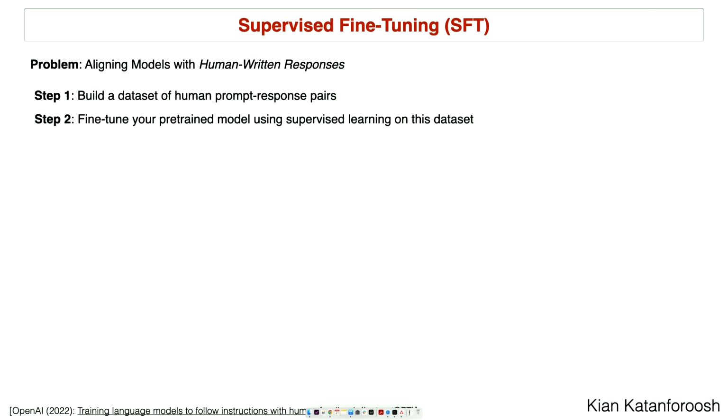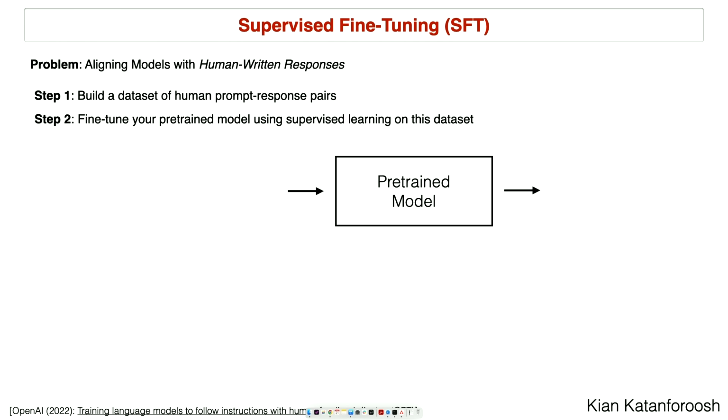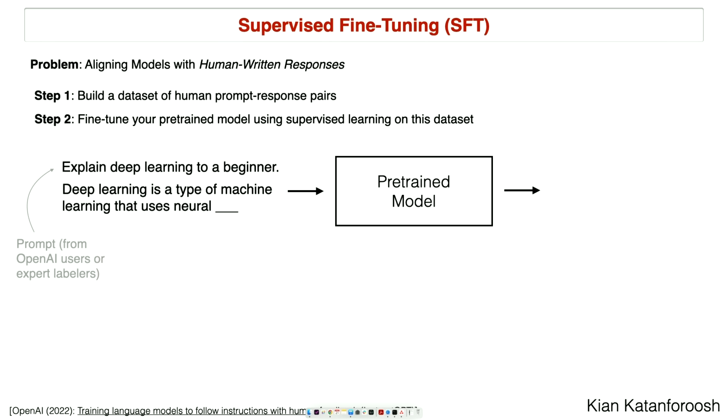And then we'll use that data set to fine-tune our pre-trained model. By now you've learned fine-tuning in the online video, so you know what I'm talking about, using supervised learning. What it looks like is I take my pre-trained model that I just told you how we train, and then I give it a prompt, "explain deep learning to a beginner," and I also concatenate to it a response, a good response written by a human.